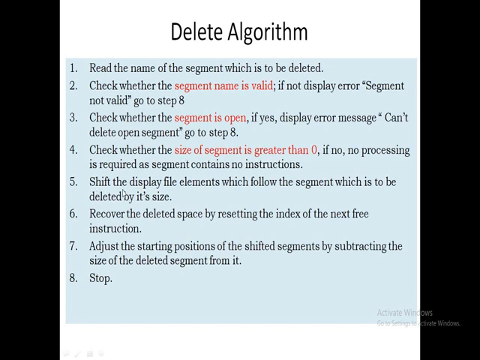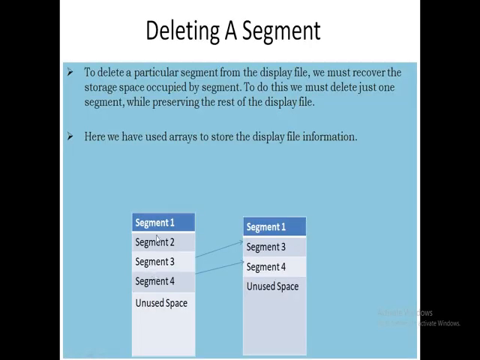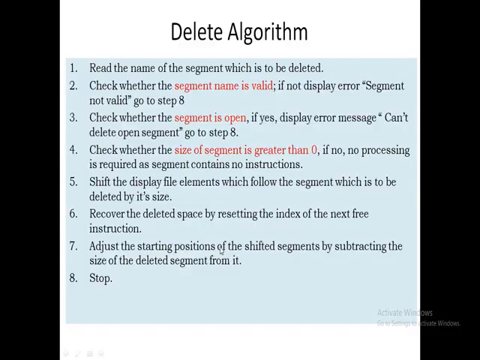Next step: if we pass all these checks, that the segment name is valid, the segment is not open, and the size of the segment is greater than 0, meaning we have some instructions in the segment, then we should shift the display file elements which follow the segment to be deleted by its size. Just now we have seen, we have to shift all these segments upward.